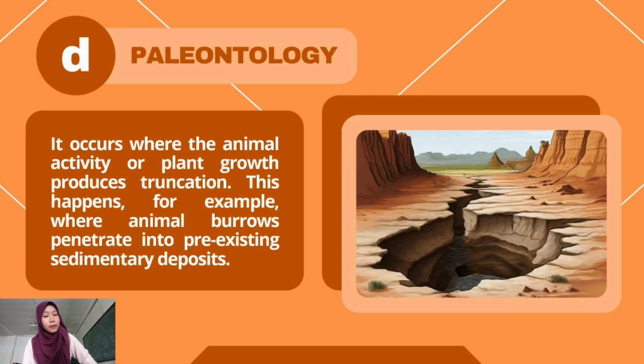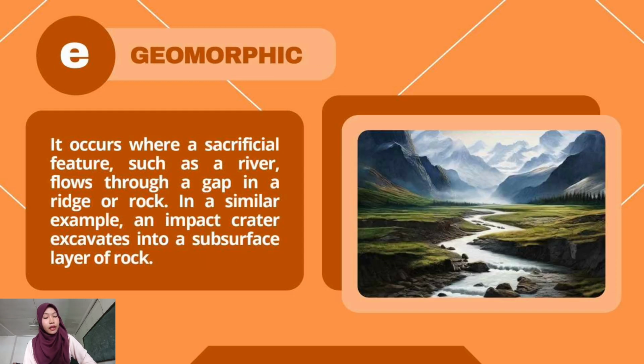The fourth is paleontologic. It occurs where animal activity or plant growth produces truncation. This happens, for example, where animal burrows penetrate into pre-existing sedimentary deposits. Number 5 is the geomorphic.